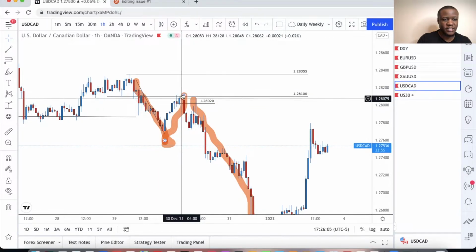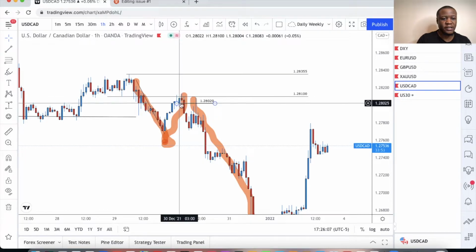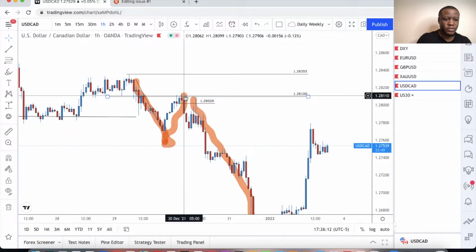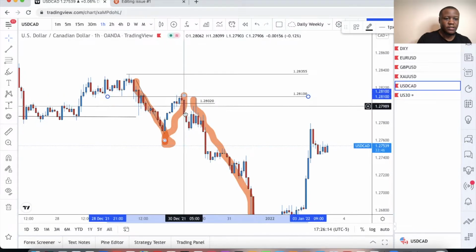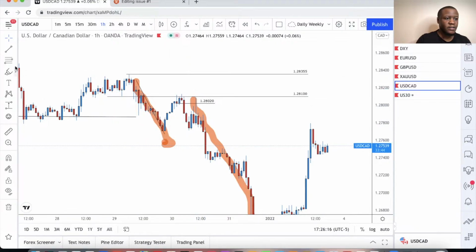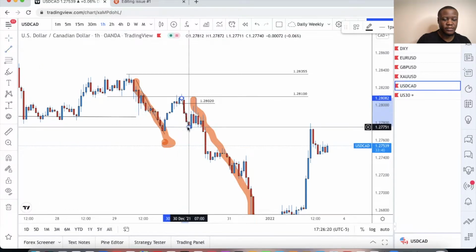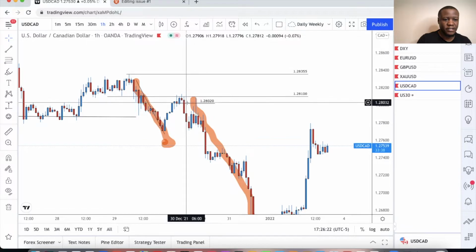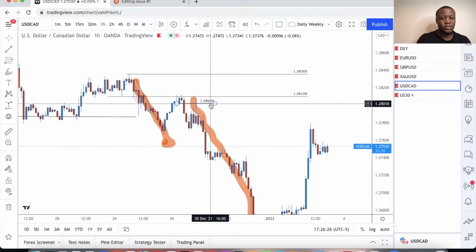Once you see it hit this level, you put your entry right here at the bottom of the return candle. And as price makes its way down, you will be entered right here at 1.28020.